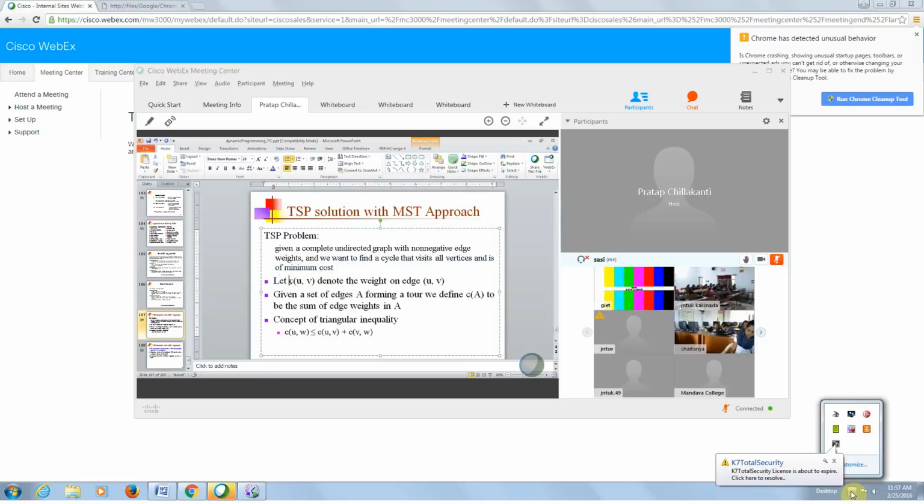So if you have a cost, C is for cost here, and then you have two vertices in a graph, and C of UV denotes the weight of the edge. Okay? So we are taking this English text here, formulating it as a mathematical problem. Given some set of edges A, we form a tour.